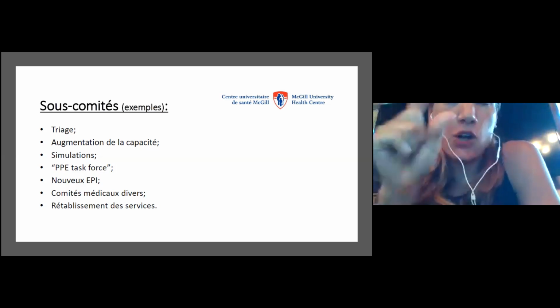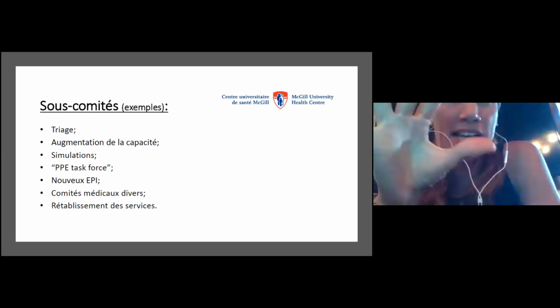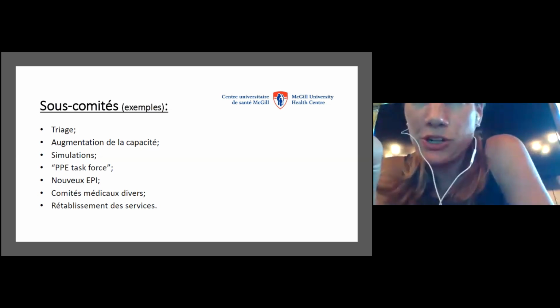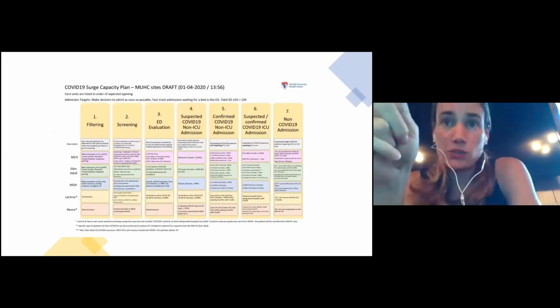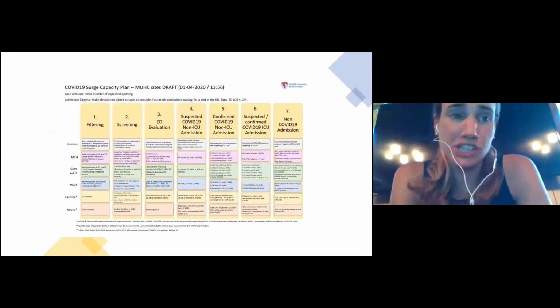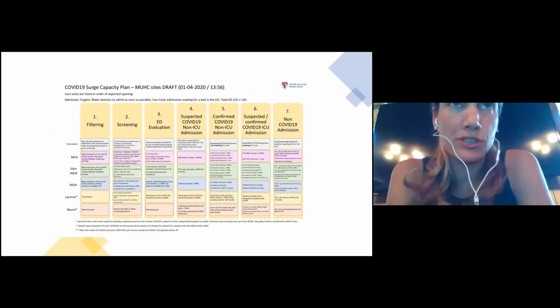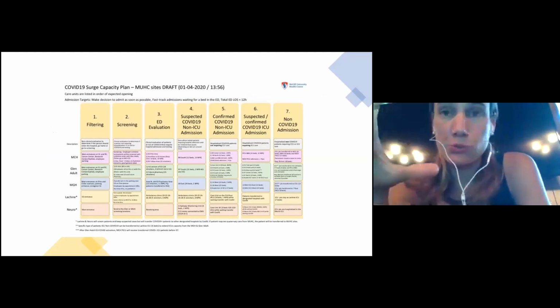Other success, the collaboration, and this needs to be said, the collaboration with the children's. You don't see it on this picture because it's hard to read, but we had non-COVID ICU admissions that were transferred to the children's. They took sickle cell patients, Crohn's or stuff like that, relatively stable.